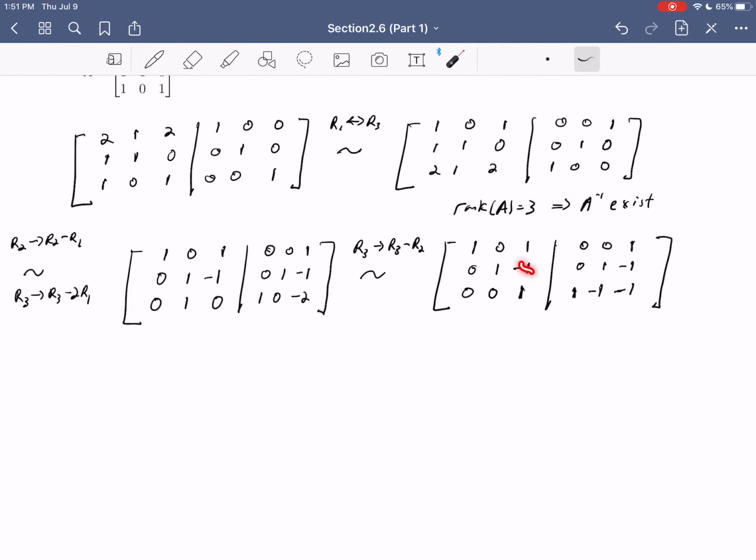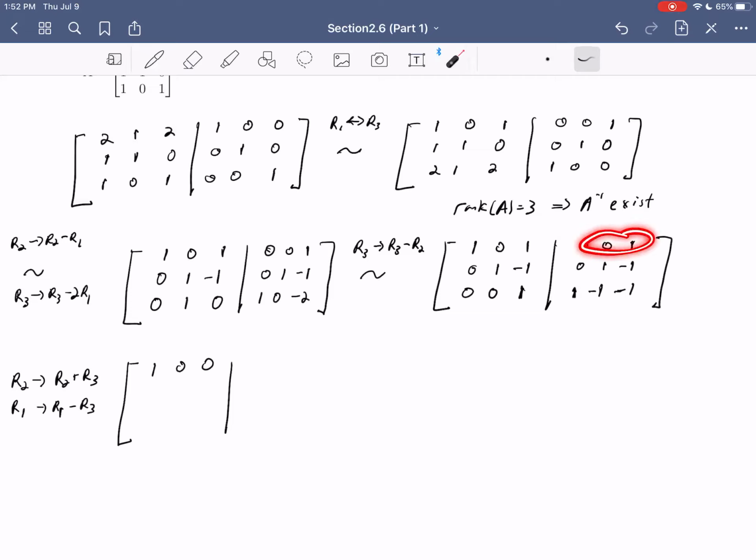To do this, we need to eliminate these things here. So we can do R2 and replace it with R2 plus R3, and R1 and replace it with R1 minus R3. So let's go ahead and do that. We're going to take this row and subtract here, so we're going to get 1, 0, 0.